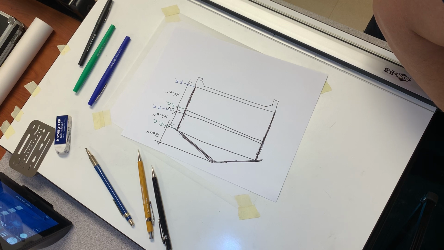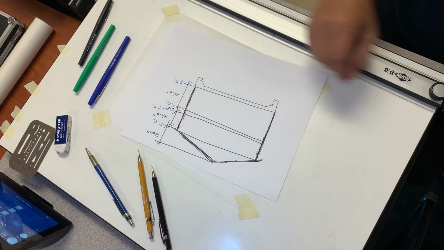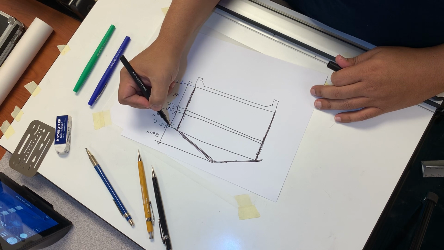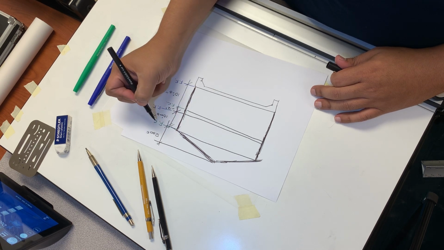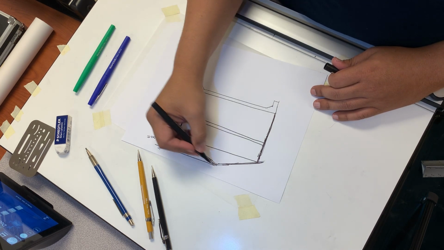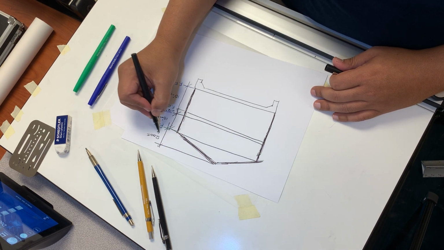And it looks like from finished ceiling to the roof is approximately 6 feet.